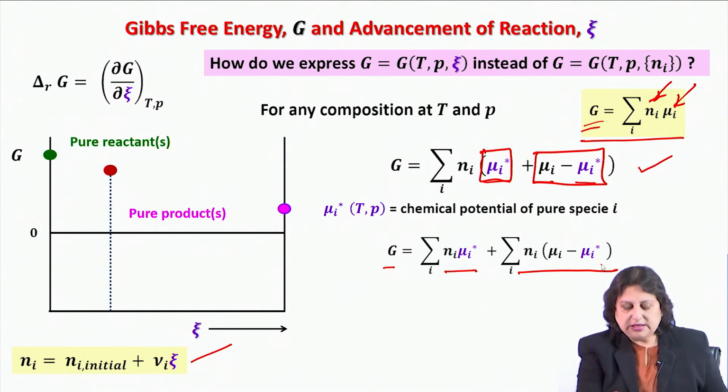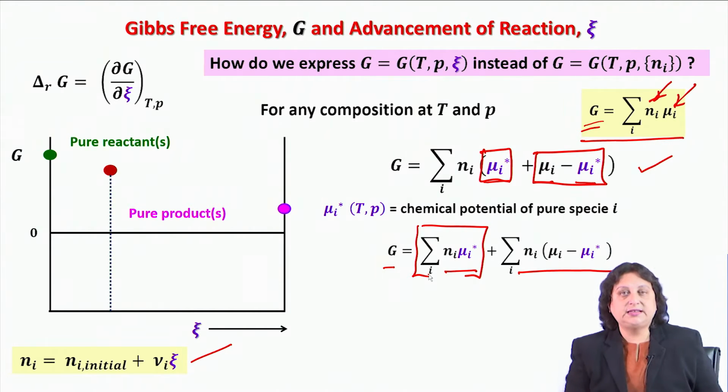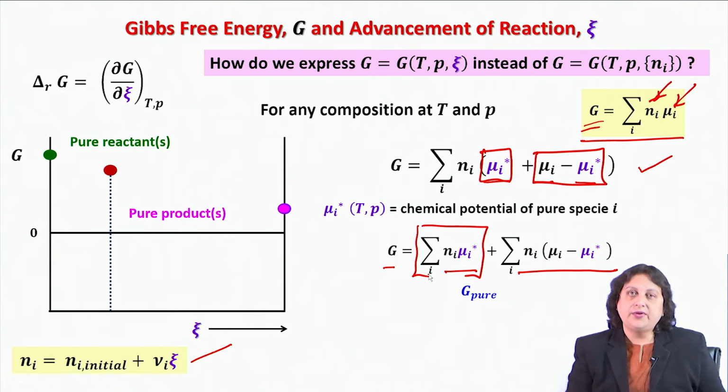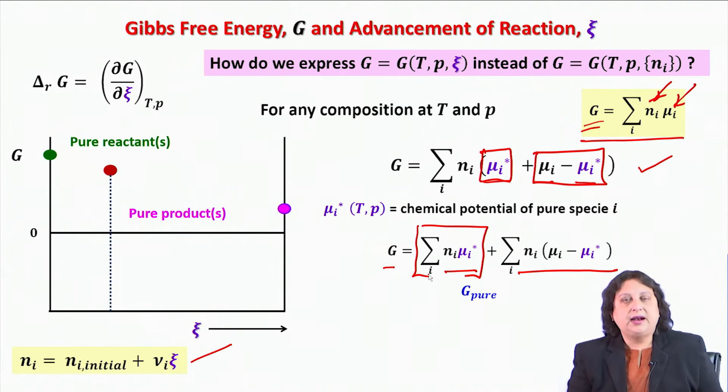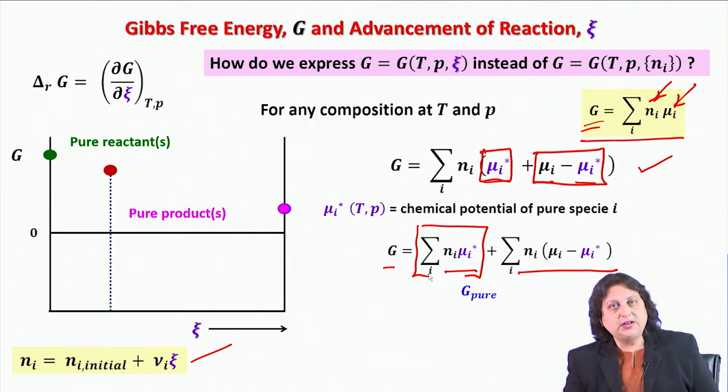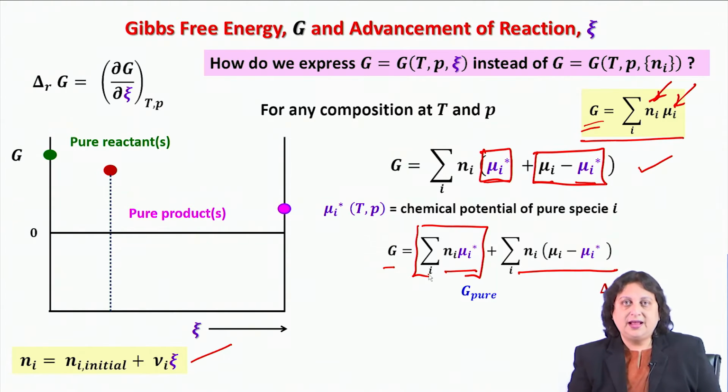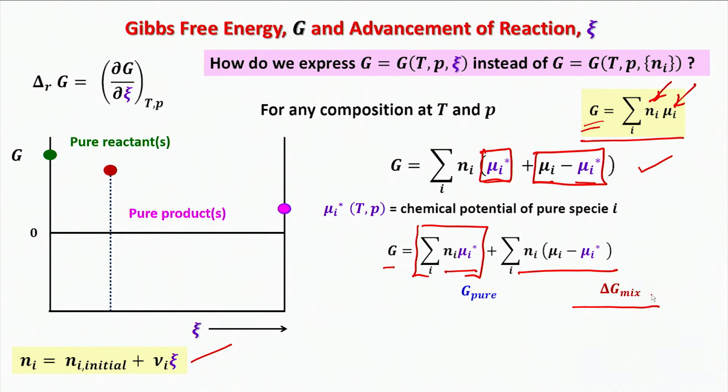Now, if I closely look at this term, I understand that this is nothing but G pure, where I have only the pure phases coexisting at a temperature T and P. And what is the next term? The next term is nothing but delta G mixing.